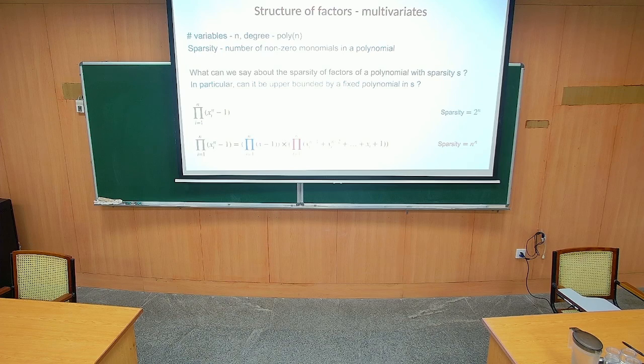It doesn't take much work. It's annoying to write. Good. So for sparsity, we do expect some growth in the sparsity of factors, and the growth is not going to be polynomially bounded.